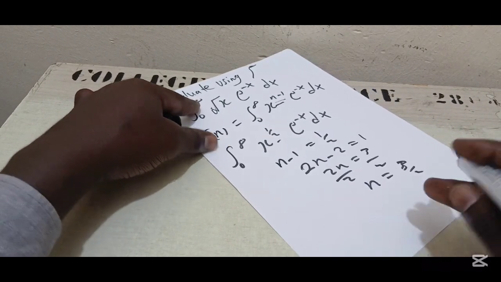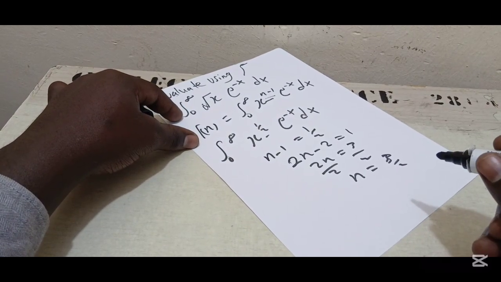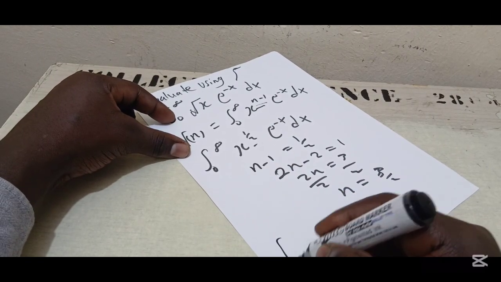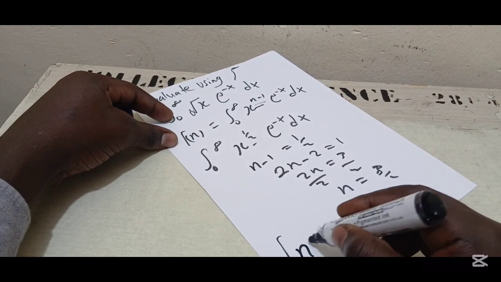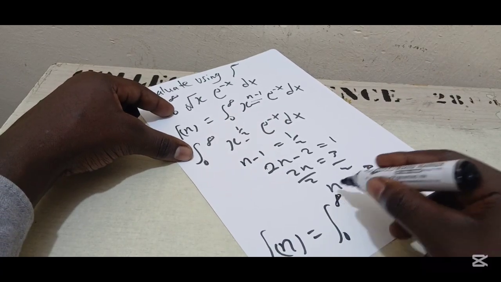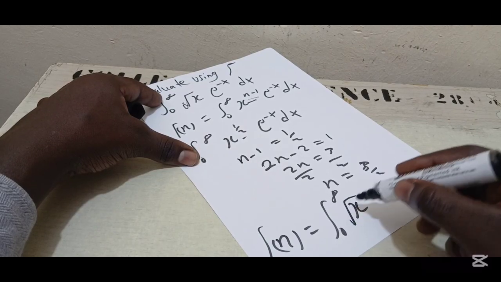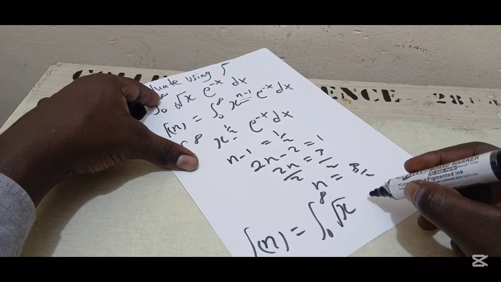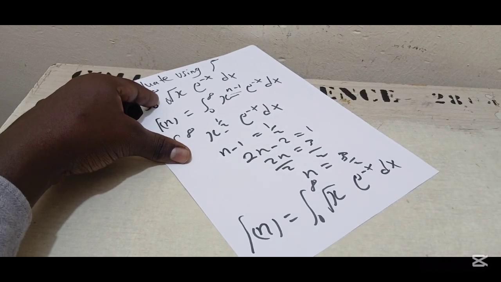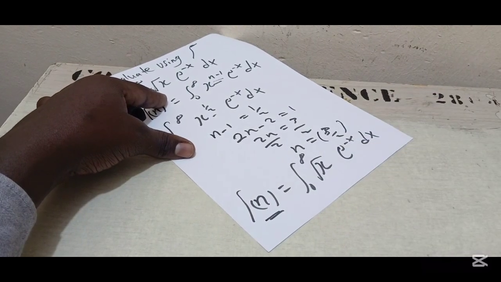So this is to tell us that our gamma n, which is equal to the integral from 0 to infinity of x, square root of x, e to the power minus x dx, our n right here is 3 on 2.